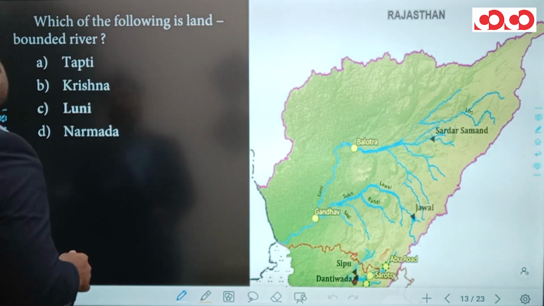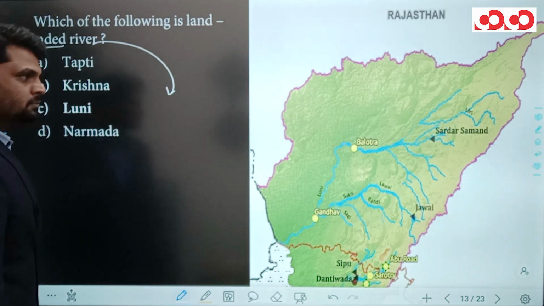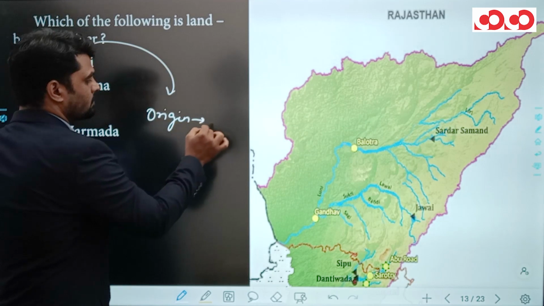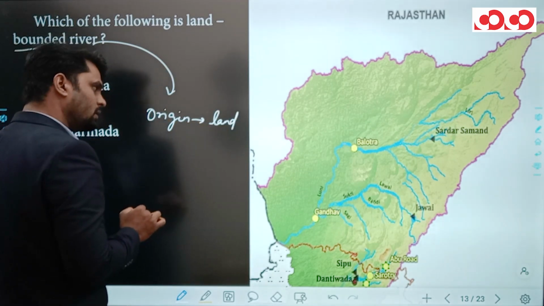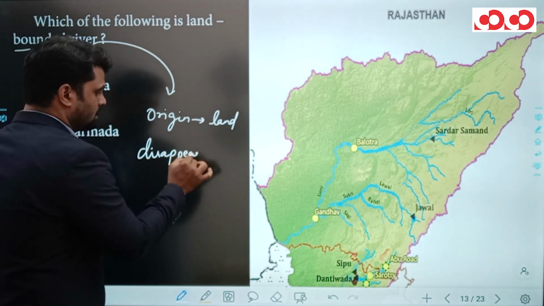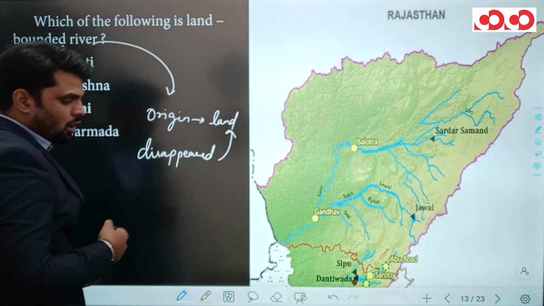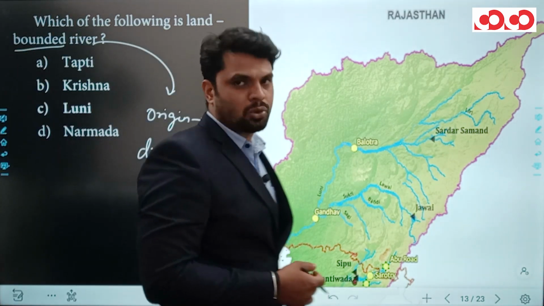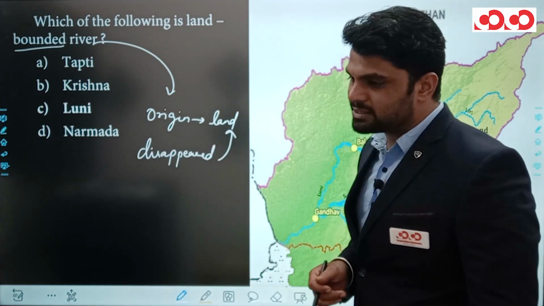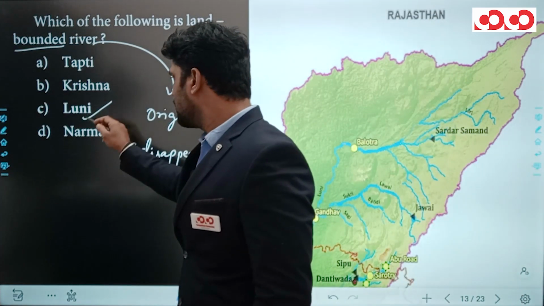Which of the following is a land bounded river? What do you mean by a land bounded river? Those rivers which originate from land, clear, and which disappear in land too. Or you can say those rivers which do not merge with any sea or ocean are called land bounded rivers, or inland rivers. The right answer of this question is Luni river. And why?